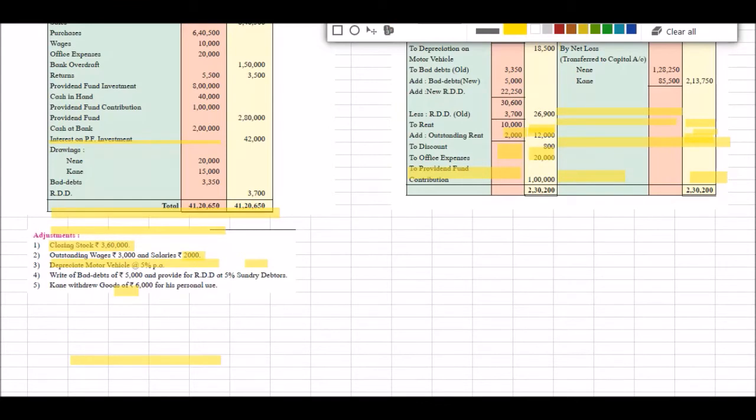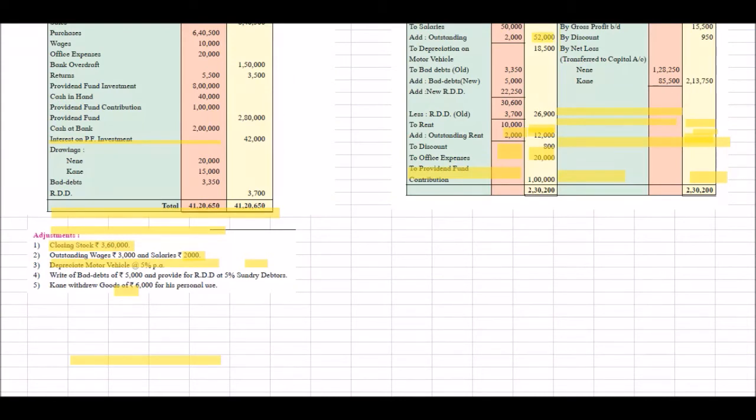So I have taken 2,000 rupees in salaries. 50,000 plus 2,000 outstanding wages, altogether it becomes 52,000 rupees.